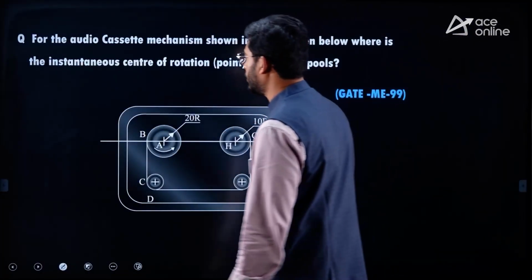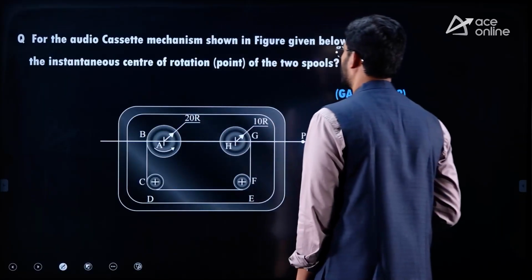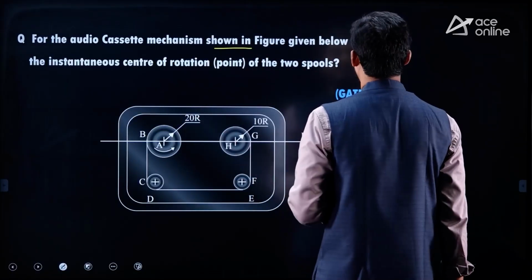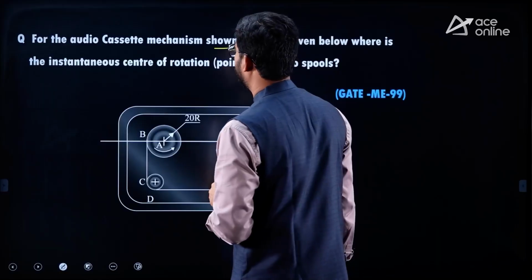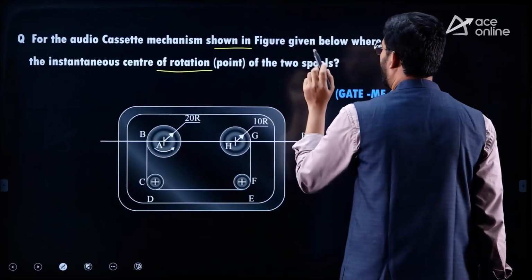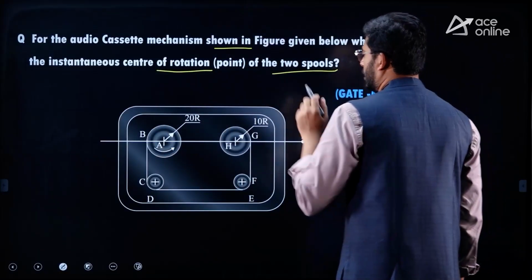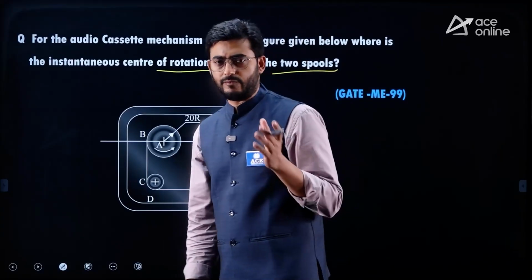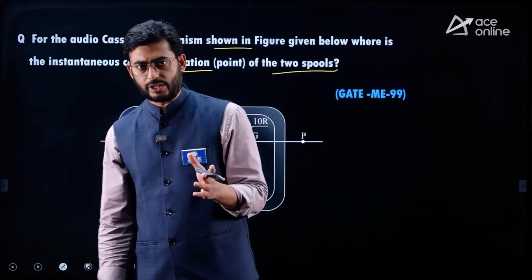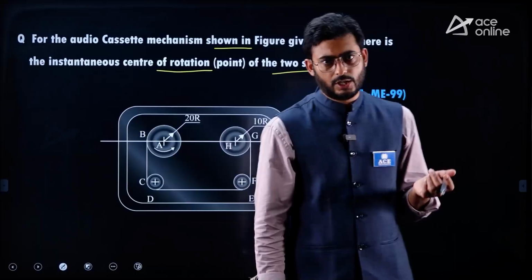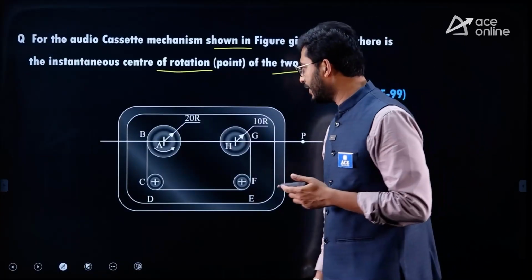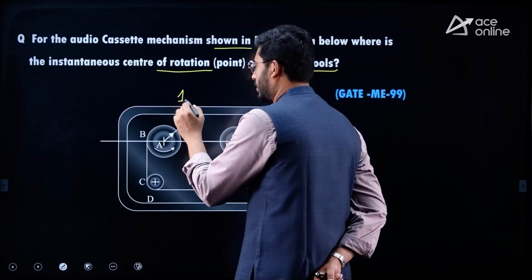Let's see the next question. So here it says an audio cassette mechanism is shown in the figure given below, where the I center of rotation of the two spools. So we are required to locate where the I center of rotation is for the two spools. So if we start the numbering, this would be link number 1.